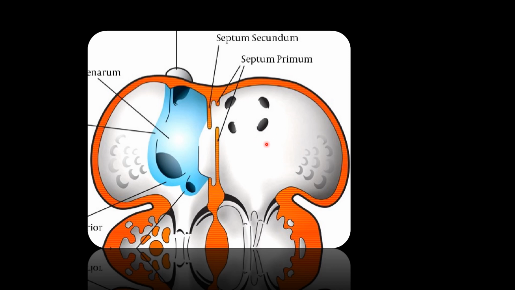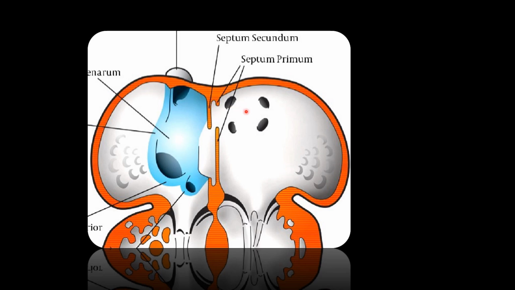At that time, according to the pulmonary circulation, blood enters into the left atrium, then the left atrial pressure increases. As a result, after birth, the septum primum is pushed towards the septum secundum and closed forever. So this closure of the opening occurs after birth.